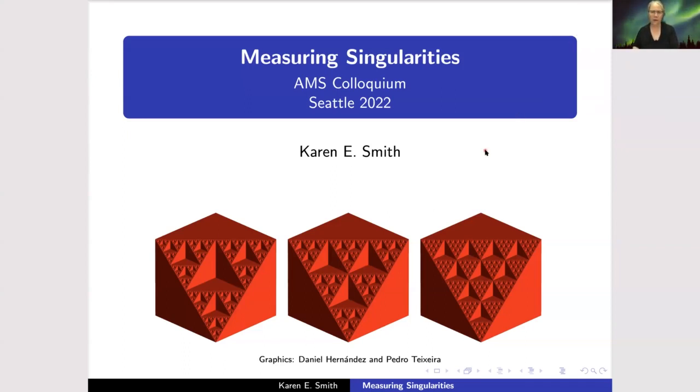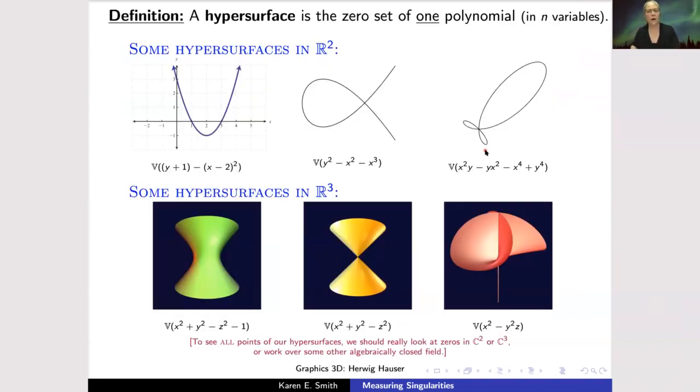Okay, so yesterday we talked about singularities of algebraic varieties, and today we're going to talk more about singularities and really how to differentiate them and understand precisely which singularities are more singular than others.